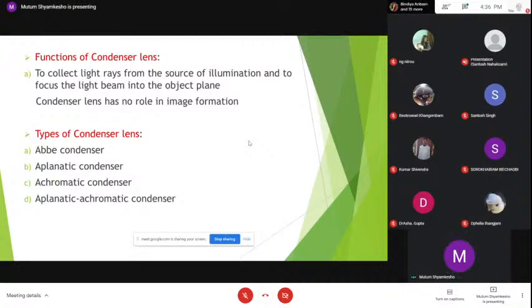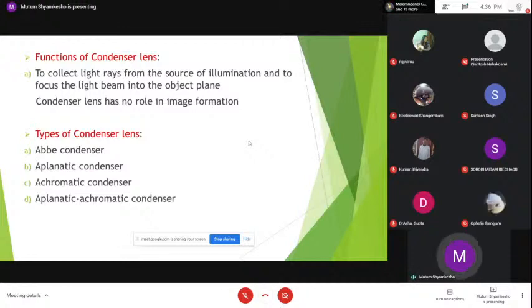And to some extent, the depth of focus and the contrast of the image are enhanced or increased to a reasonable level by greater intensity of the illuminating ray.